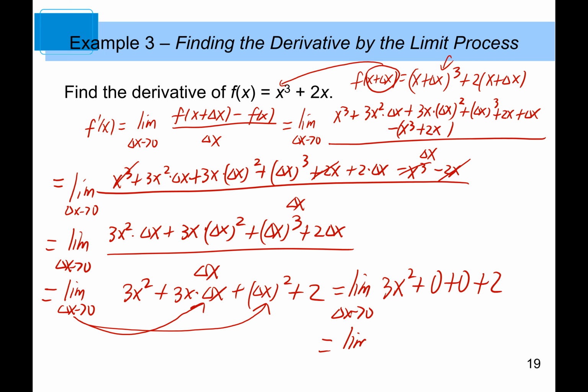With respect to delta x, x is a constant, right? So the answer is 3x squared plus 2. The derivative of f of x equals x cubed plus 2x is 3x squared plus 2.